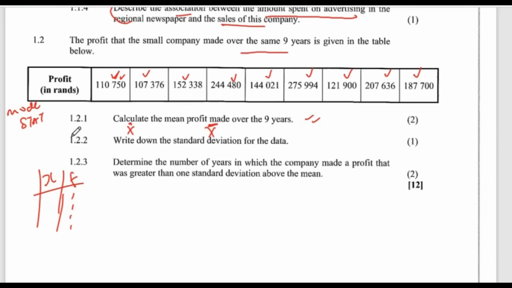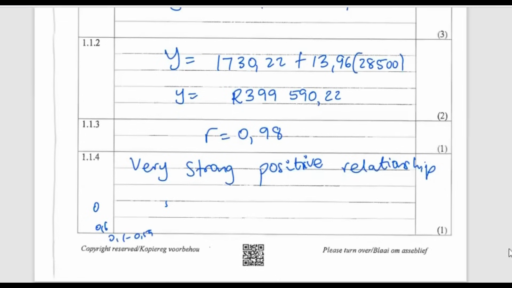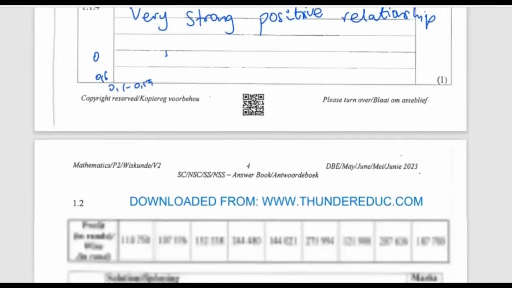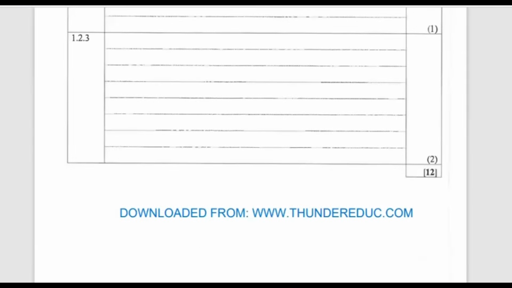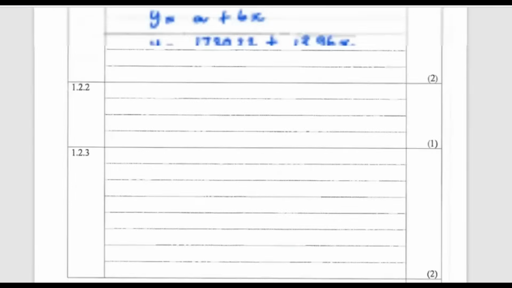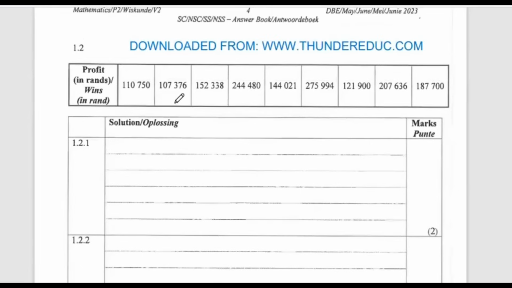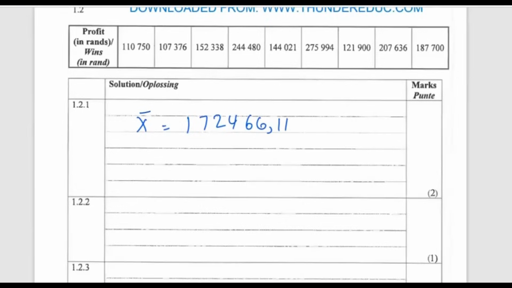So the mean I'm having is 172466.11. So saying the mean is 172466.11 from the calculator, you get 2 marks for that.